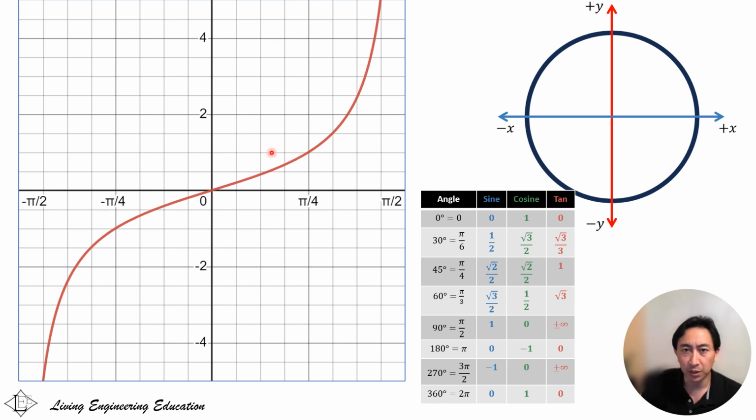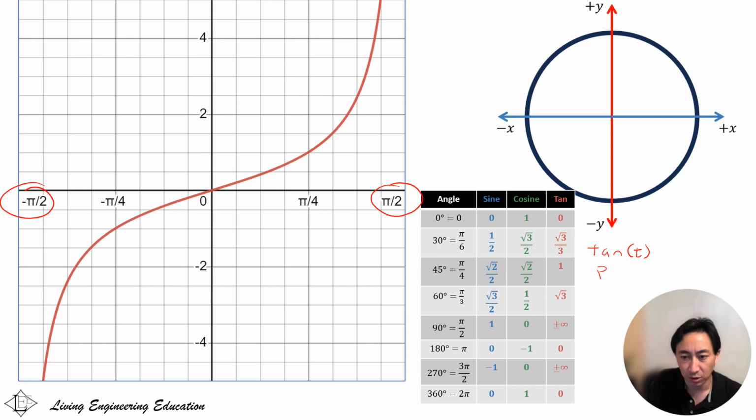So here is one cycle of our tangent graph. And a couple things to recognize is you're going from negative pi over 2 to pi over 2. So tangent, this is a graph of tangent of t.